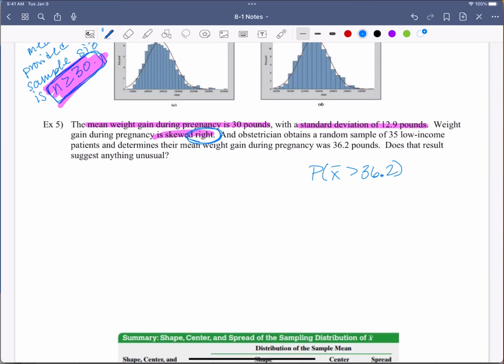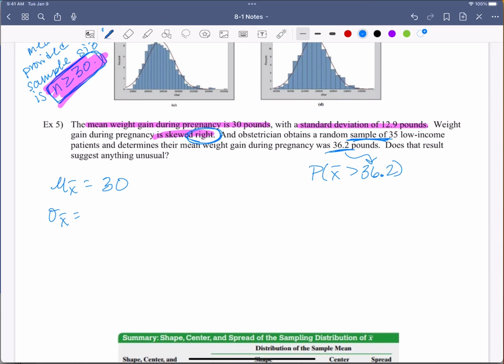But in order to get a probability, this is based on a sample, right? So I need to get my sample mean and my sample standard deviation. This is my data value that I'm trying to determine the probability for. So the mean is the mean, which here is 30.